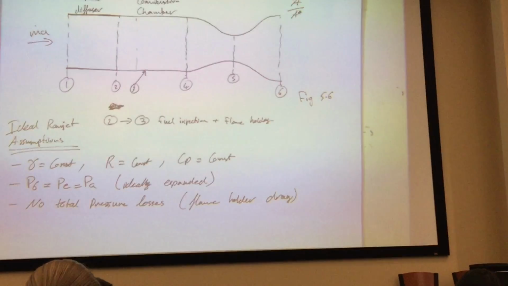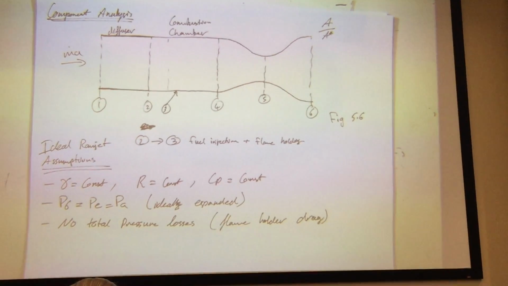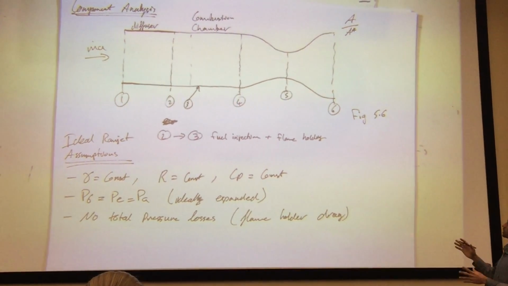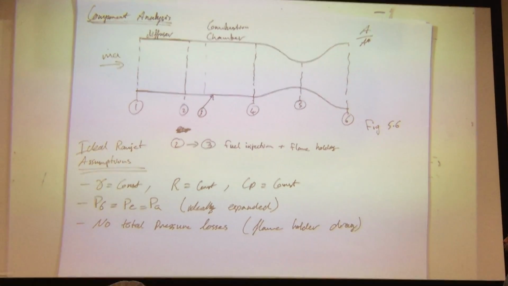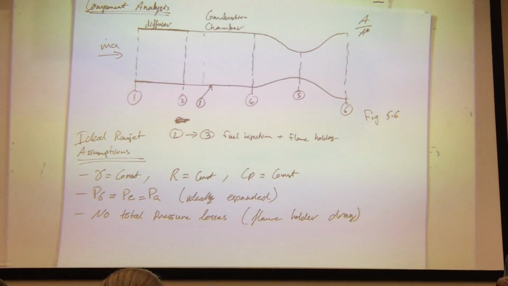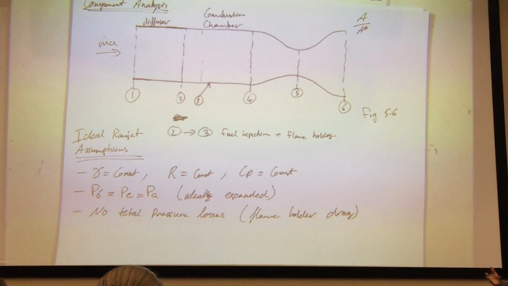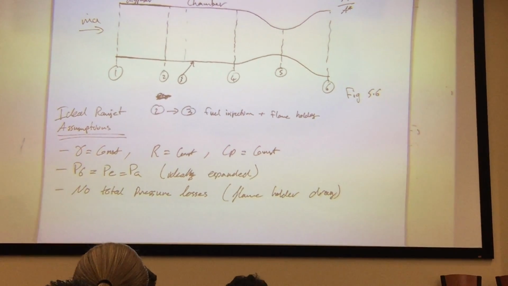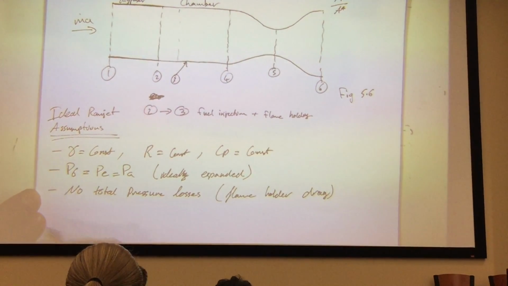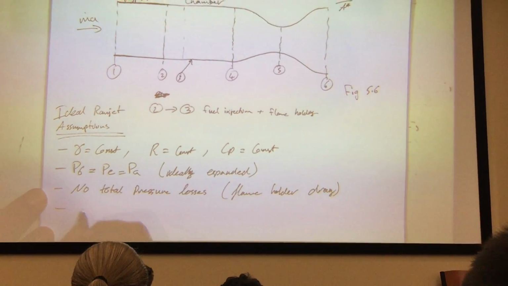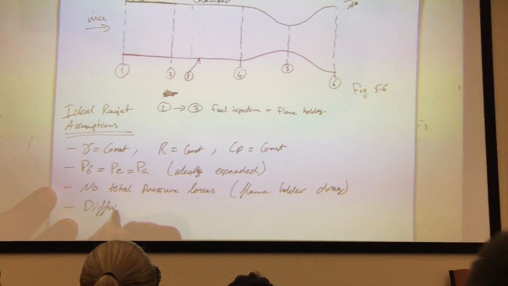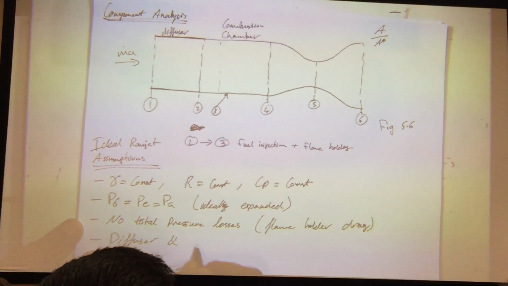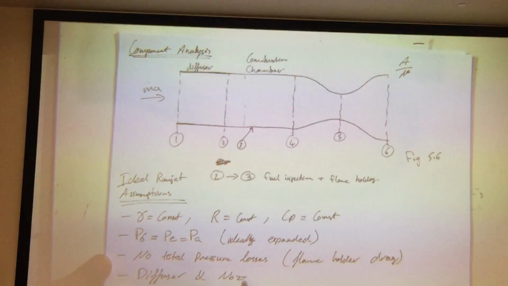Depending on your Mach numbers and all that. So for the diffuser, I'm trying to make it easier by visualizing this, because if you assume ideal, it's going to be isentropic, and it's just a straight line. Okay, so no total pressure losses. This is the next point, but I'm just going to say: diffuser and nozzle isentropic.